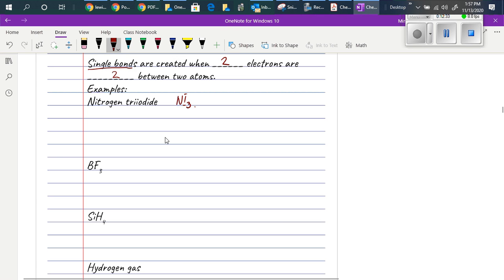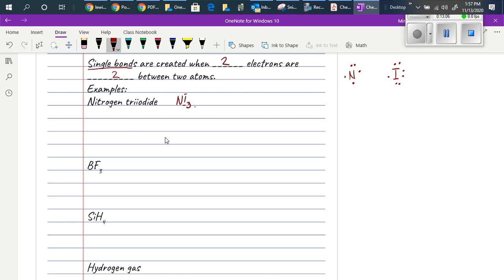In this case, nitrogen is in group 15 of the periodic table and has 5 electrons in the outer shell. So the Lewis dot diagram will be something like this. And iodine, which is in group 17 of the periodic table, has 7 electrons in the outer shell. That means the Lewis dot diagram will be something like this.